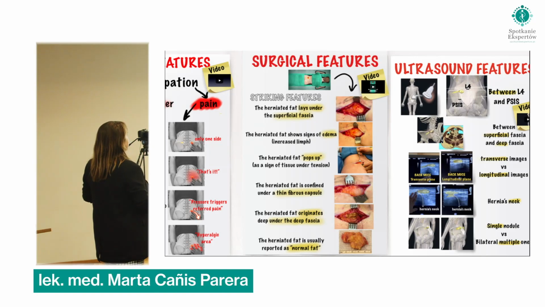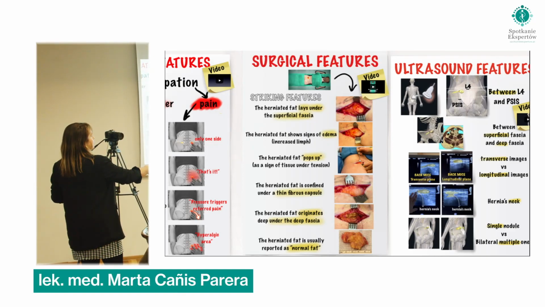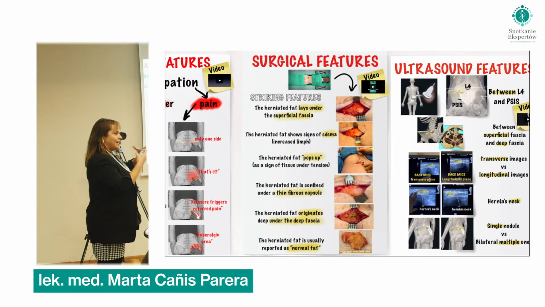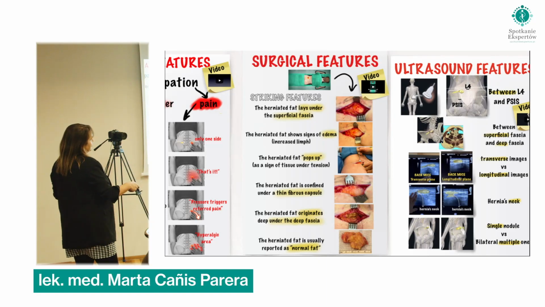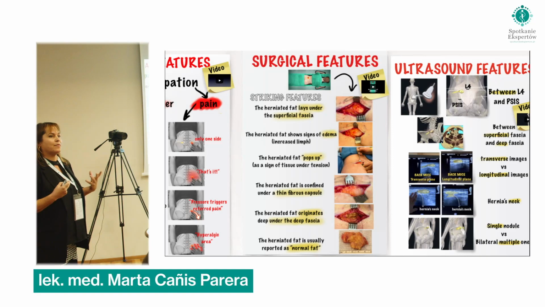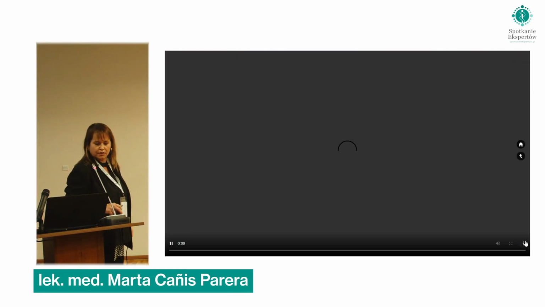And then you will see certain features that the surgeons commented, like the fat pops up, it sticks out of the sore, it shows tension under it. And there's also another very important striking feature, the edema, with water, with lymph.